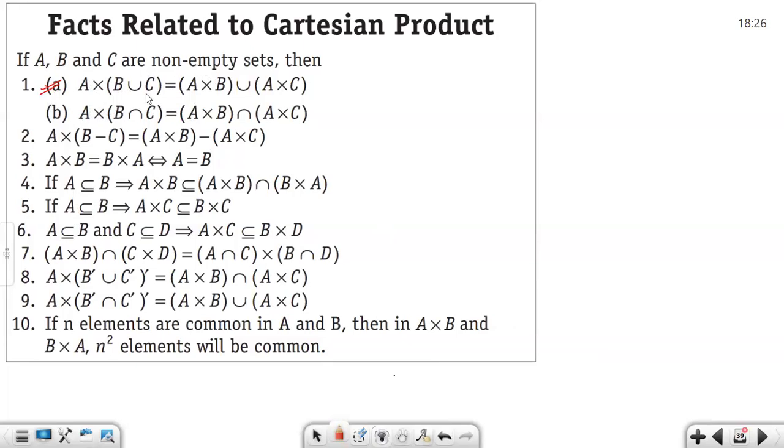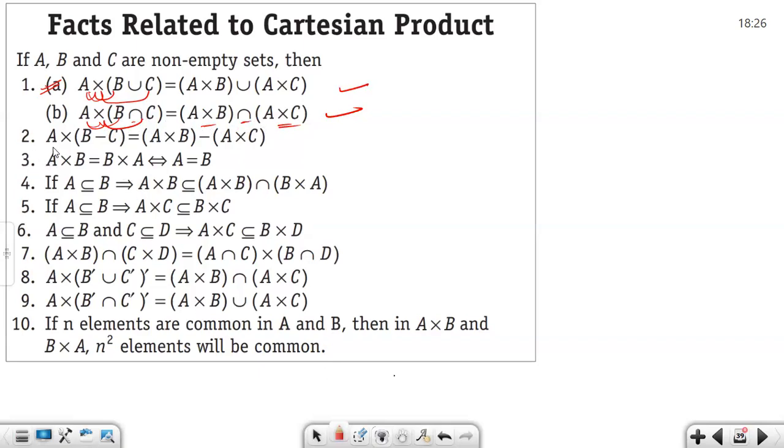You can remember it logically: the union sign comes out. Similarly, A cross (B intersection C) equals (A cross B) intersection (A cross C). Clear?